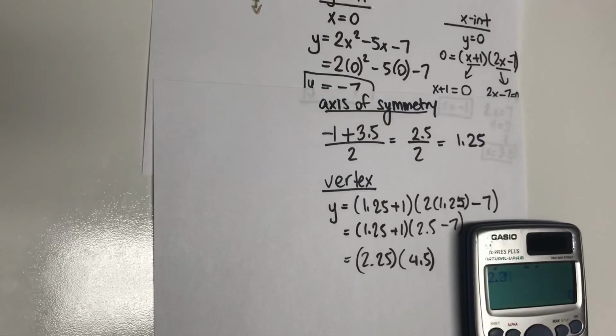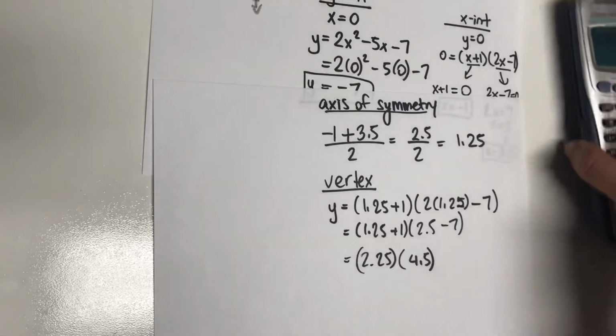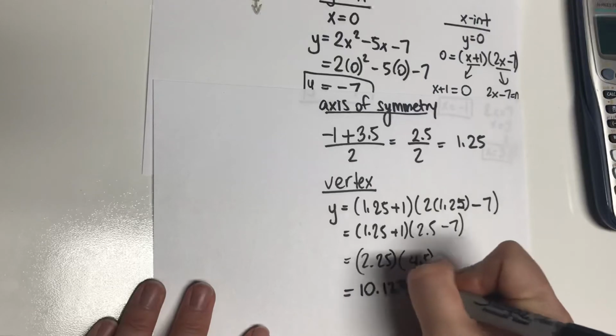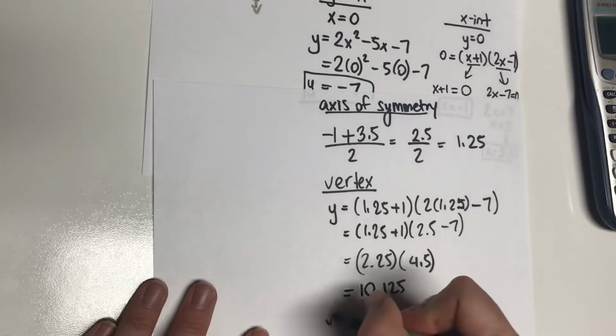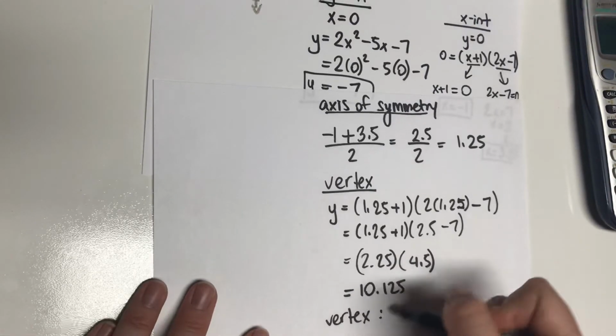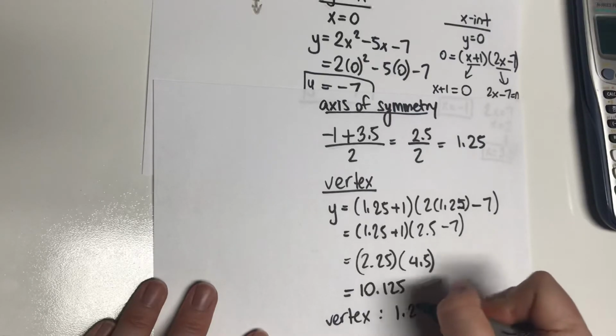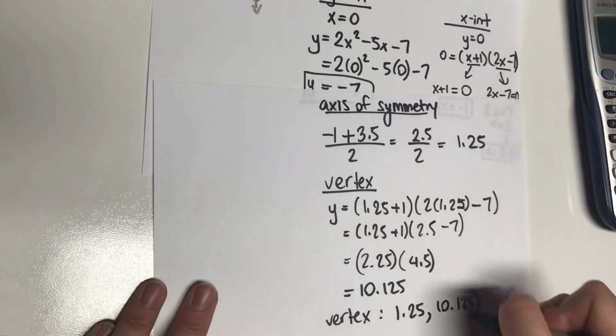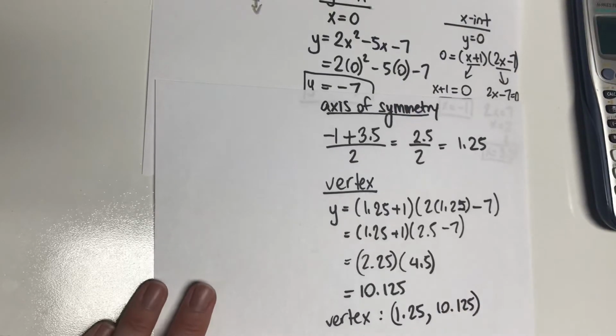So 2.25 times 4.5 gives me 10.125. So that means my vertex is the coordinate 1.25, 10.125. If you round to 1 decimal place, that's fine. I'm just being extra.